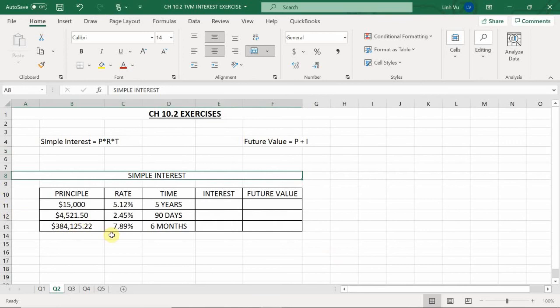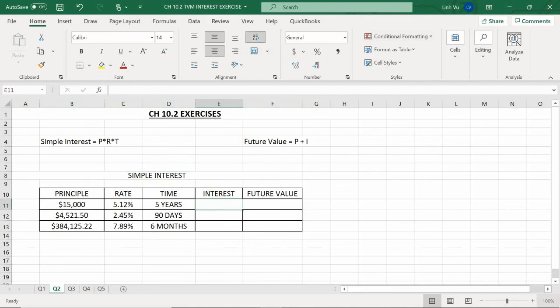So let's start here. I have this example where I have a bunch of principals, a bunch of rates, and a bunch of times. Let's take a look at our first example. If I have a principal of $15,000 at a 5.12% interest rate and it's redeemable in 5 years, what is my total interest I'm going to be collecting here?